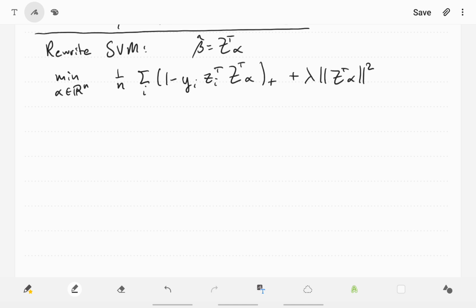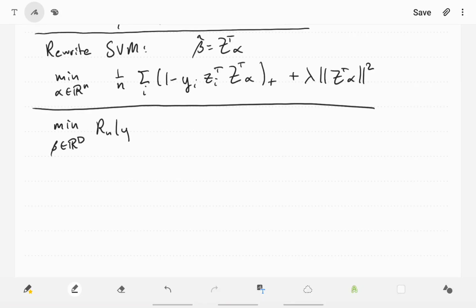Okay. So first of all, our general form is we're going to minimize with respect to beta in Rd some empirical risk of y and z times beta, so it's some function of y, and its only dependence on beta is through z beta, plus lambda times the 2 norm of beta squared.